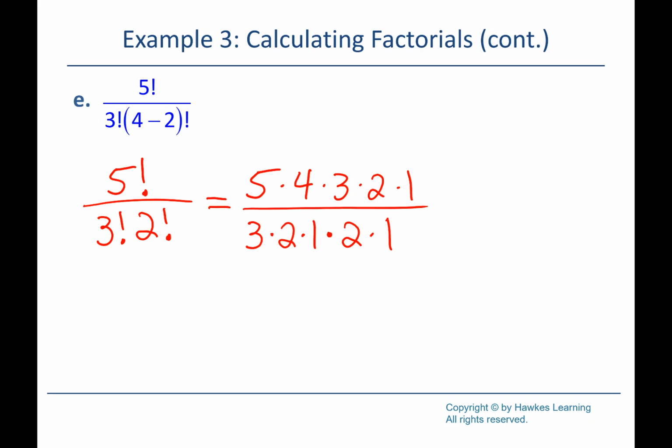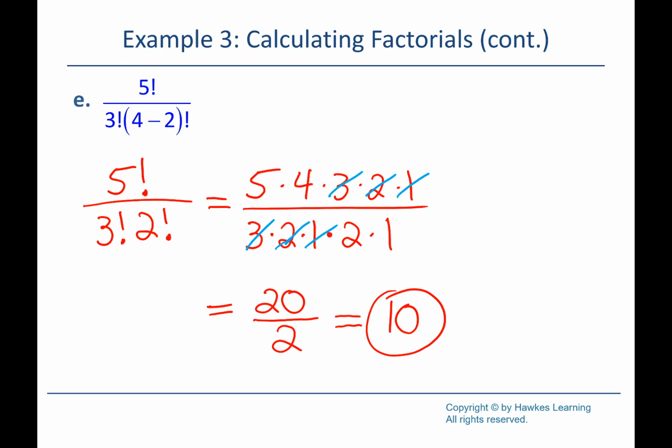So if you have multiple factorial expressions in the bottom, just cancel out as much as you can. So what I'm seeing is that the 3, the 2, and the 1 will cancel. So this thing is 20 over 2, or 10.